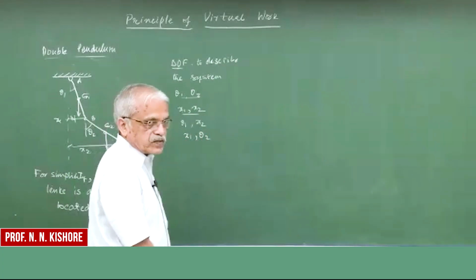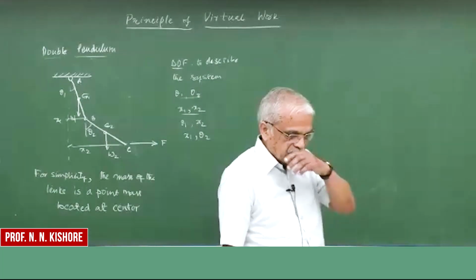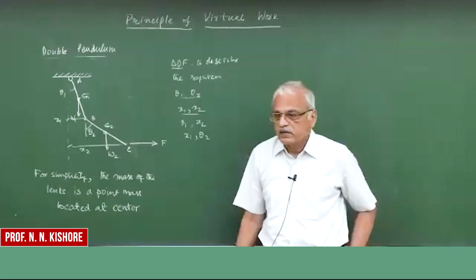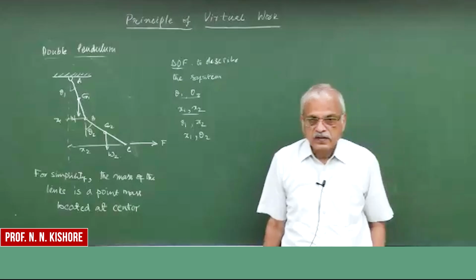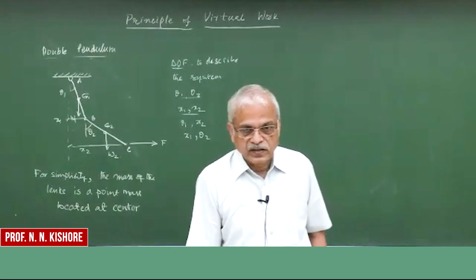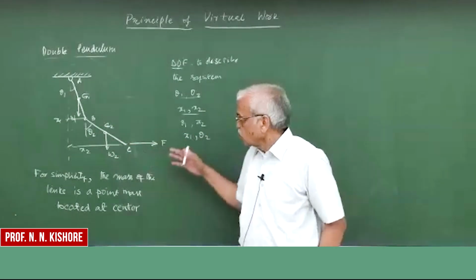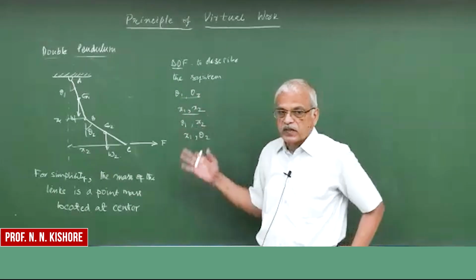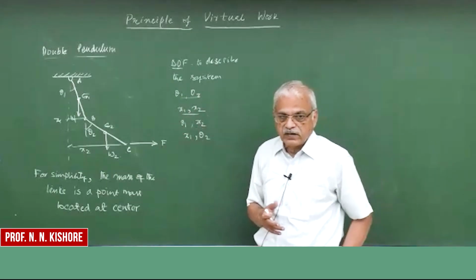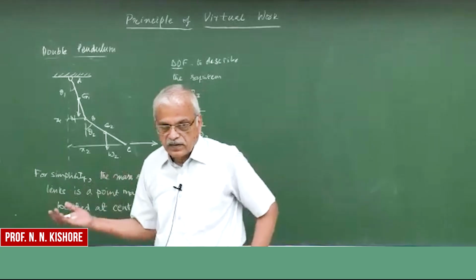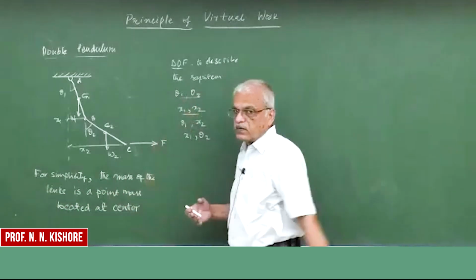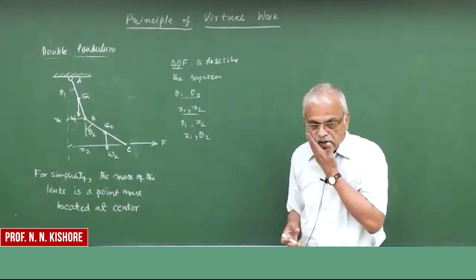Whatever combination you take, two quantities are enough to describe the kinematics of these things. And so either theta 1, theta 2, or x1, x2, any one of that is fine for us. However, theta 1, theta 2 is more convenient for this one.